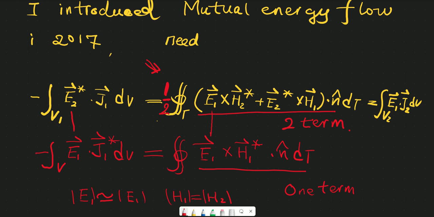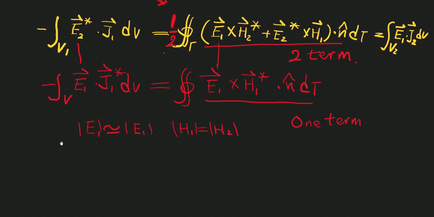Later I found if you here need a half, that means you need to do this like J current go to 2 times current to replace the formula.